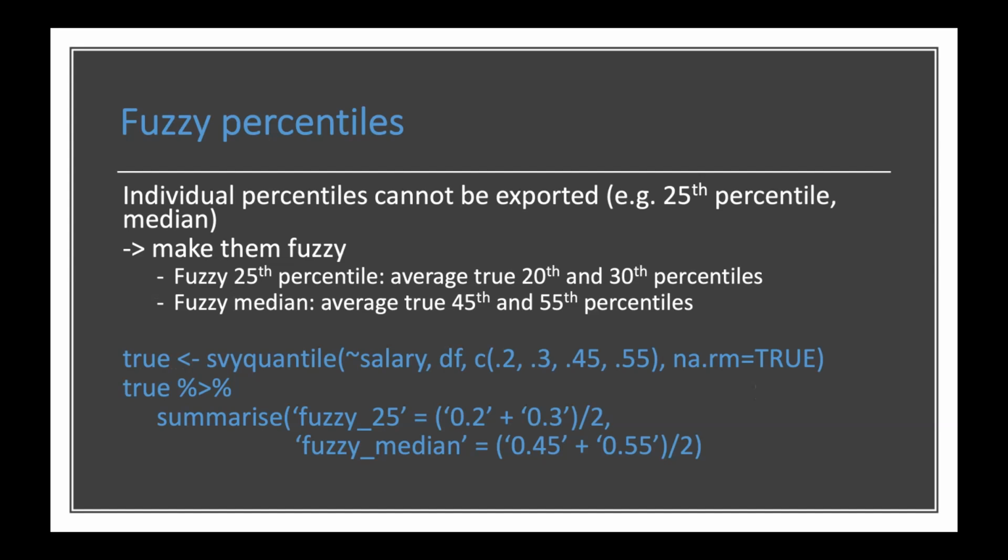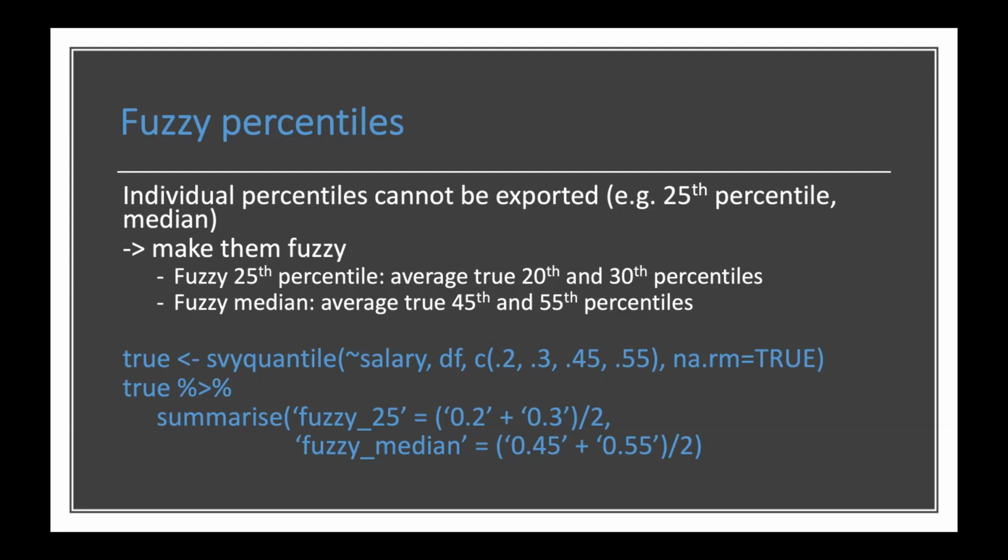So effectively, for instance, if you were to fuzzy a 25th percentile, you would take the average of the true 20th and 30th percentiles and report that as the fuzzy 25th percentile. And the same thing goes for the median. In terms of the actual code, in this example, we are showing how to create fuzzy percentiles for the weighted, as we covered before, SDR data and their weighted salaries.